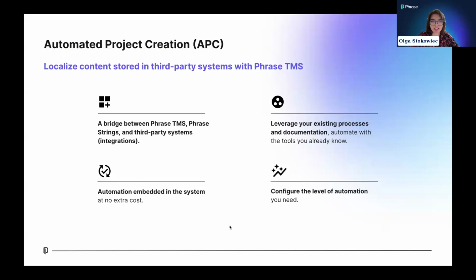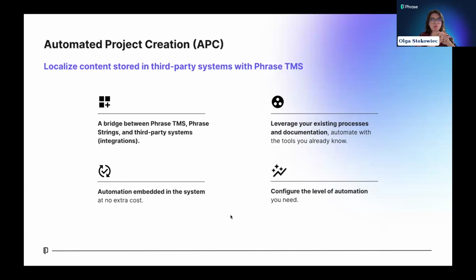As Allison mentioned, this is our automation framework, and it is designed to localize content that is stored in third-party systems using Phrase TMS. And it's really a bridge or a glue between Phrase TMS and Phrase Strings, and also all the third-party systems.